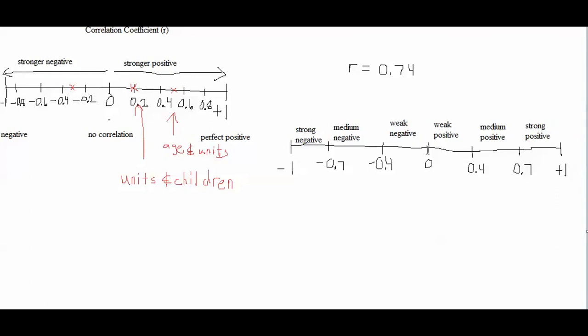In this direction, we're moving from a weak negative to a medium negative to a strong negative as we're getting closer to -1. And -1 is a perfect negative, which means a negative correlation can't be any stronger than -1. And +1 is a perfect positive, which means a positive correlation can't be any stronger than +1. So it's actually not possible to get a correlation coefficient beyond -1 out here or beyond +1 out here.